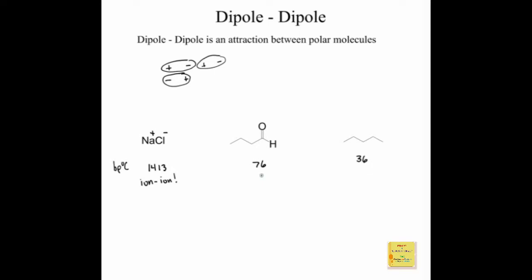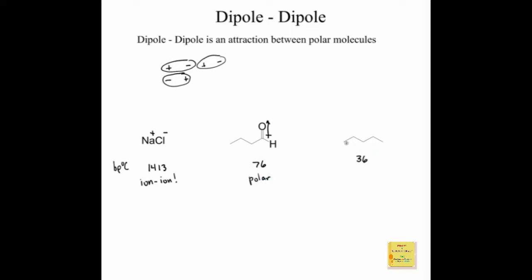And how about these two? We have a 76-degree boiling point here and a 36-degree boiling point. How can we explain the difference there? Because of the presence of this carbon-oxygen bond, and oxygen is much more electronegative than carbon, it pulls electron density toward itself. That makes this a polar bond, and this becomes a polar molecule.